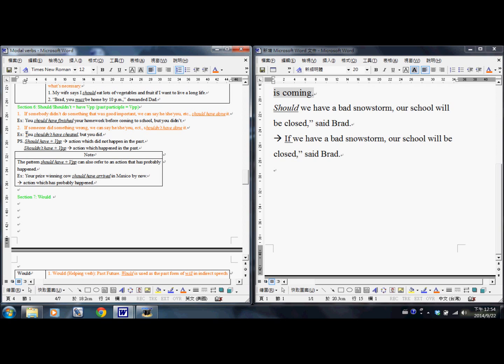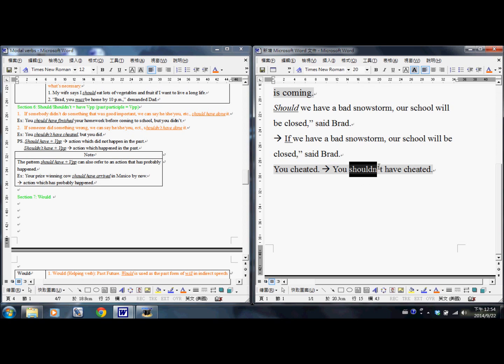Let's look at example number 1. You shouldn't have cheated, which means the person actually cheated. So it's actually bad. The person cheated in the test, so the person, you, cheated in the test. And it was bad, so I will say you shouldn't have, with capital Y, cheated in the test.